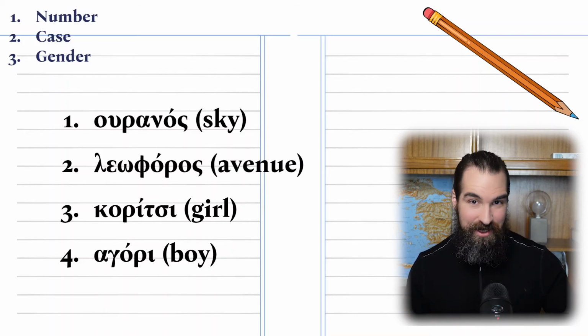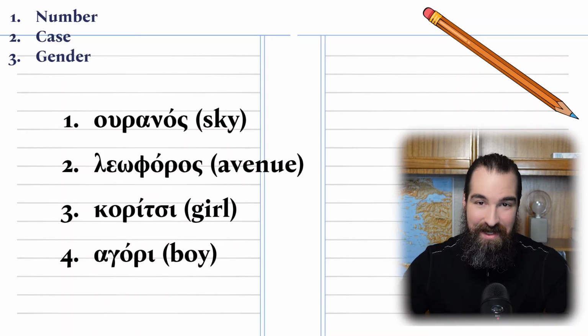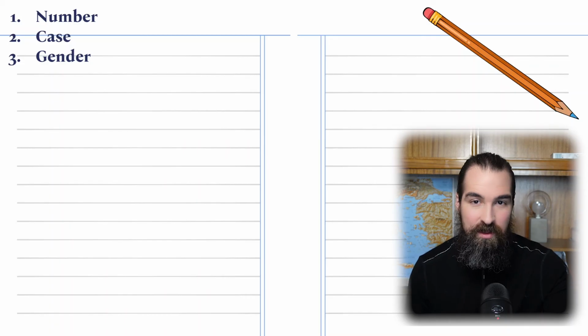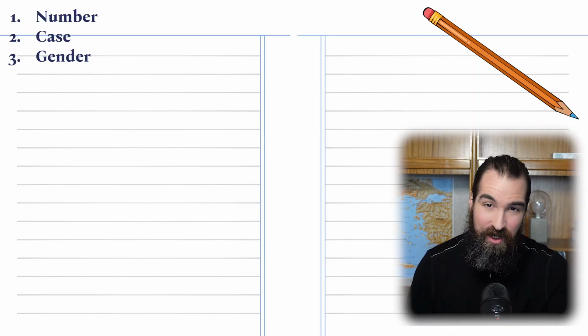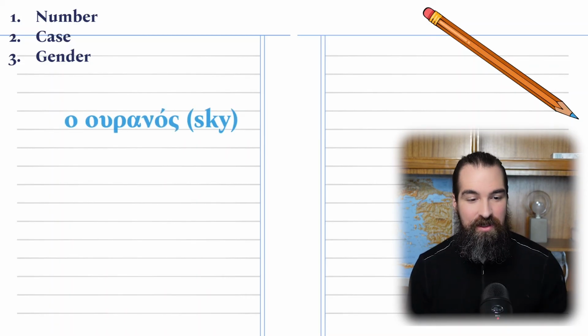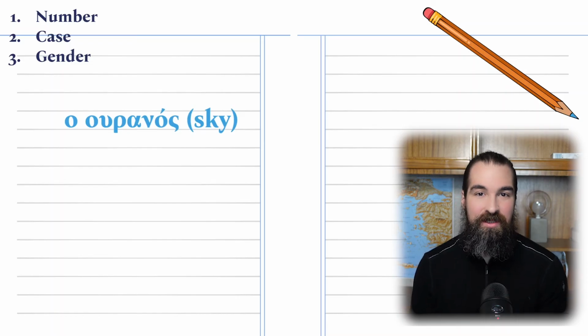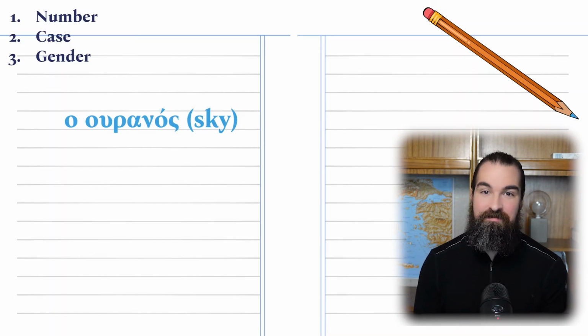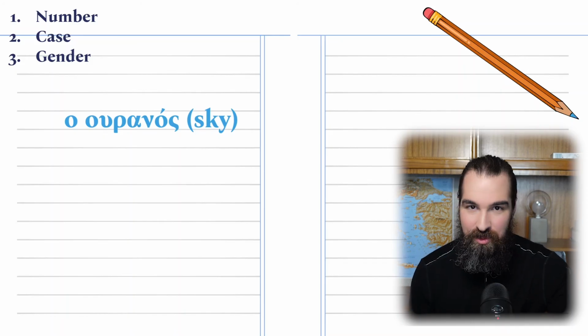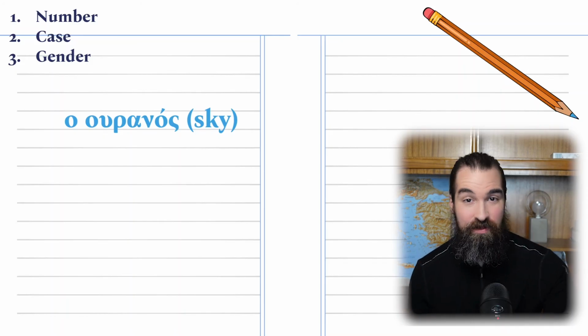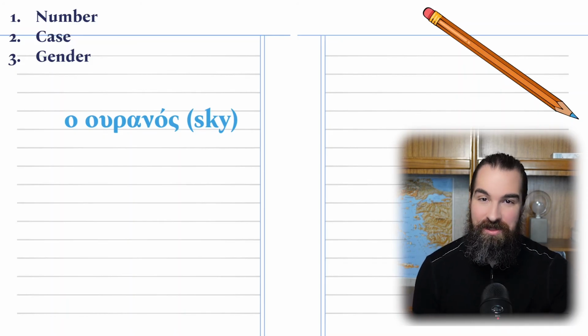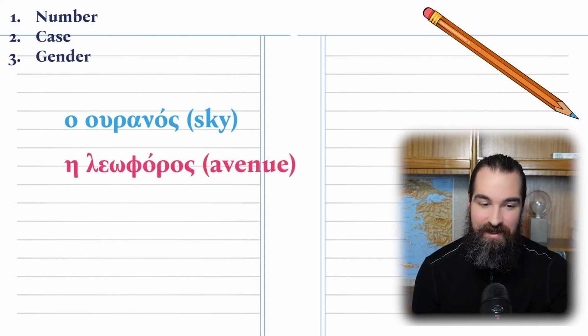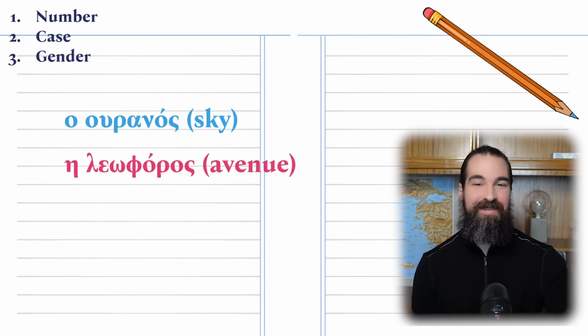Okay, do you have them all written down? Let's take a look. Number 1, sky, we said, Uranos. Uranos is masculine. Number 2, we had the word avenue, Leophoros. Leophoros is feminine.